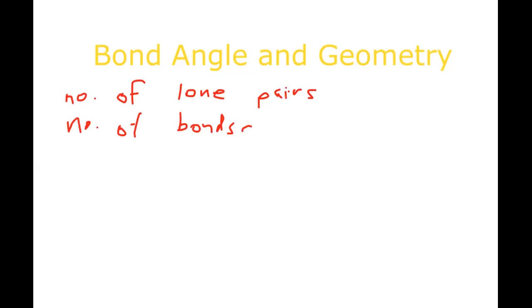So what we're taking into consideration over here is the number of lone pairs and the number of bonds, and single, double, or triple bonds are considered as one bond.